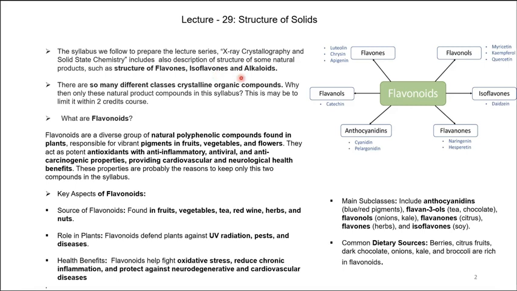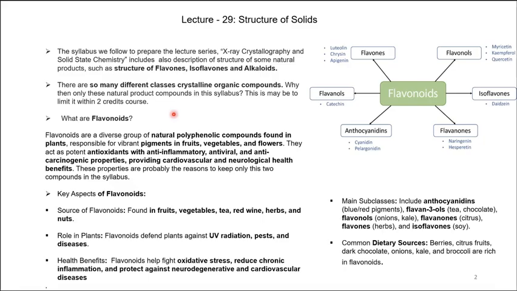Then we can definitely say which type of compounds these flavones are. What are flavones? What are flavonoids, I should say? Well, flavonoids are a class of compounds which has 6 main subclasses, and out of these, flavones and isoflavones are there.